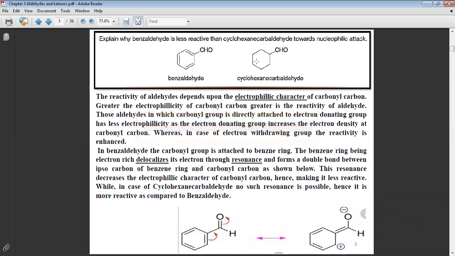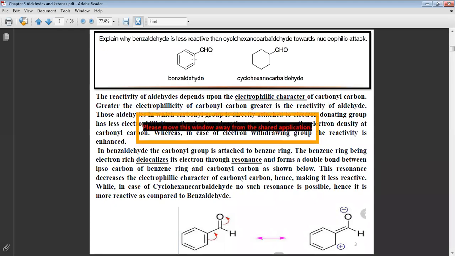Here we just have, and if you remember, the carbonyl group, the carbon double bond oxygen, is deactivating by resonance. We have a resonance effect here, and if we make resonance with the carbonyl, there will be a positive charge on the benzene ring.